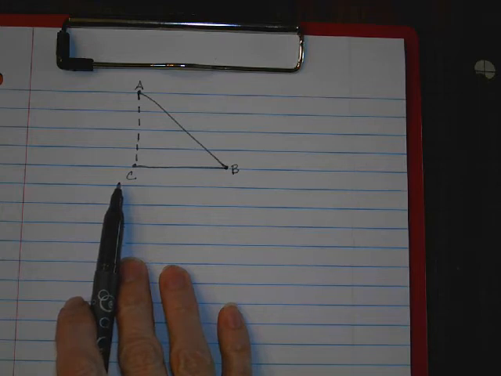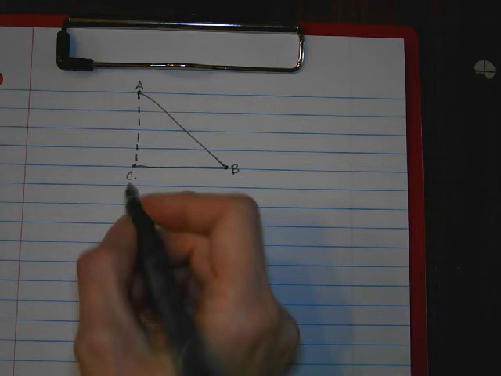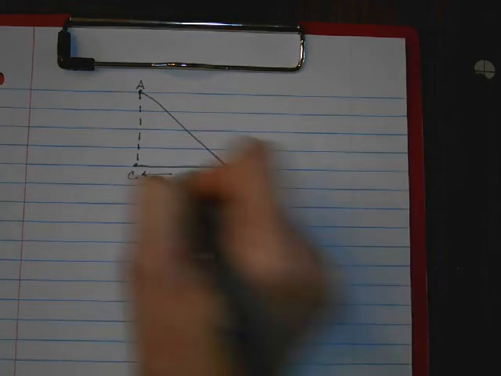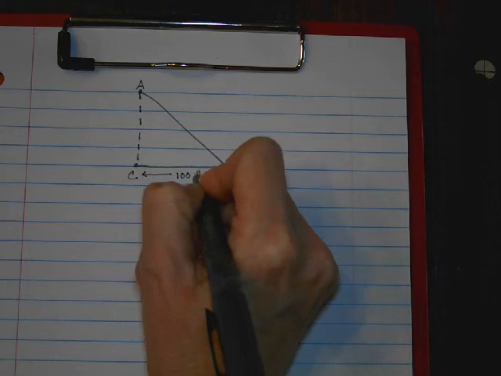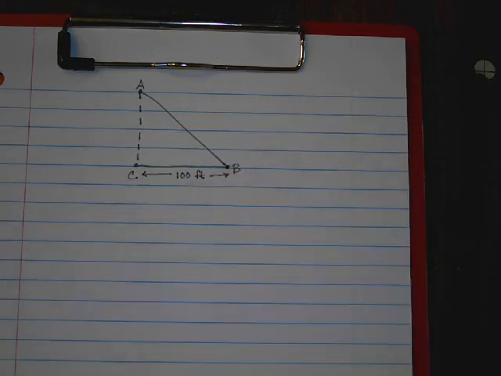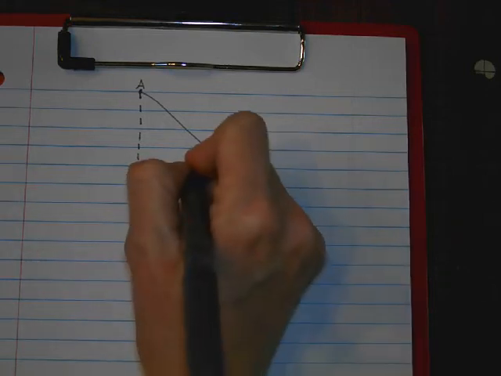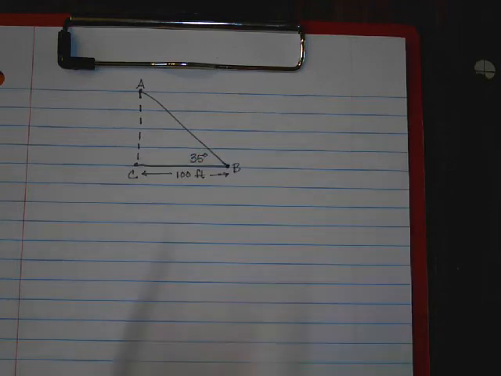They tell me that from C to B is 100 feet. So if I measure the distance from B to C, that's 100 feet. They also tell me that the measure of angle B is 35 degrees.